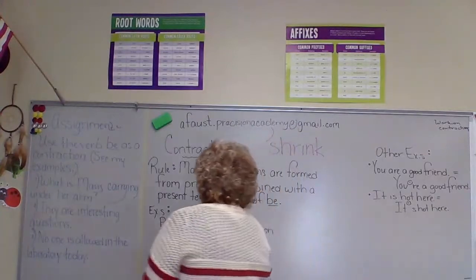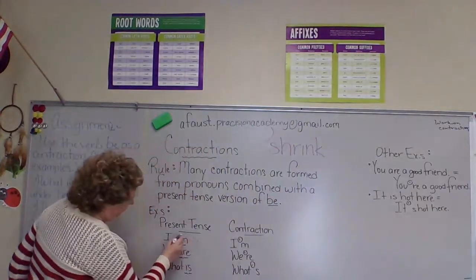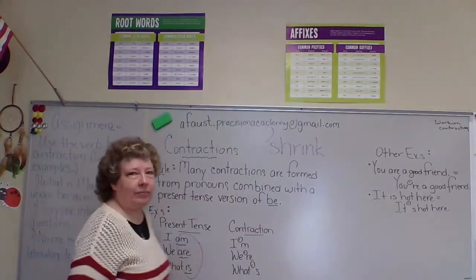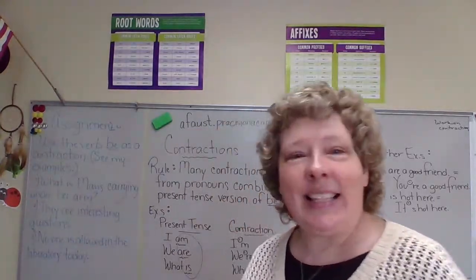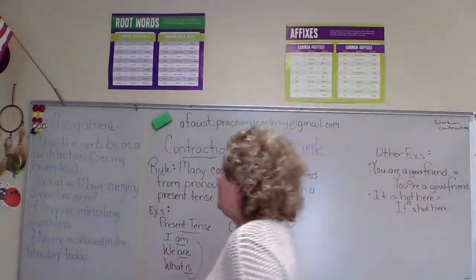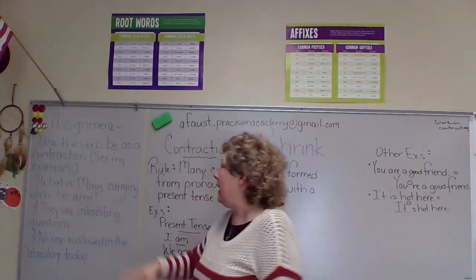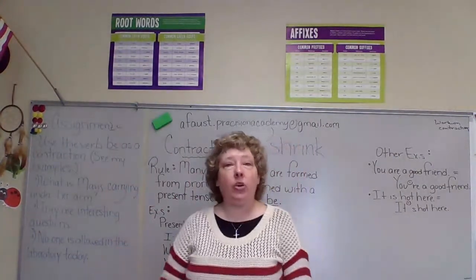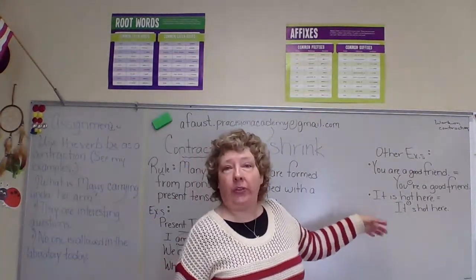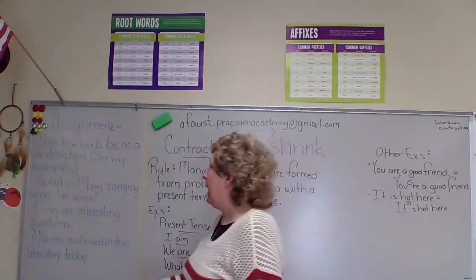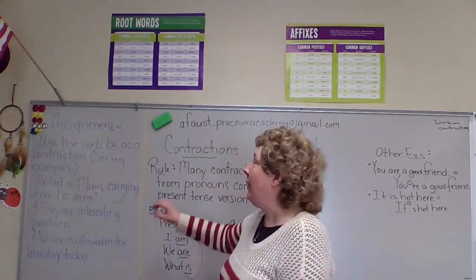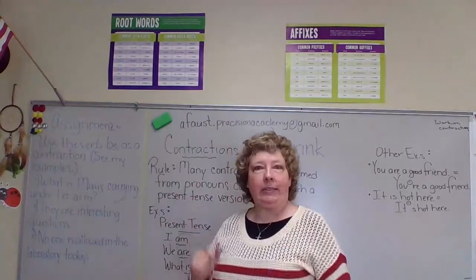Okay? Right here. Does that make sense? Okay, good. So you're going to take these three items and do what I did here. You are a good friend, you're a good friend. Okay, you do the same thing. Turn them into contractions. Shrink it.